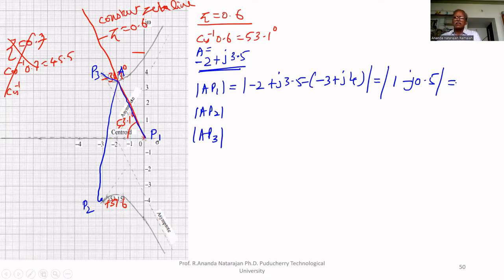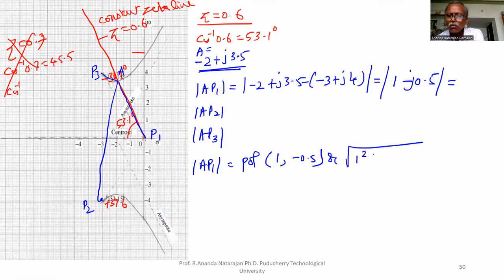For this, we have to find the distance. So we call the function polar, 1 comma minus 0.5. Like that you can find, or you can find the square root of 1 square plus 0.5 square. That way also you can find AP1.